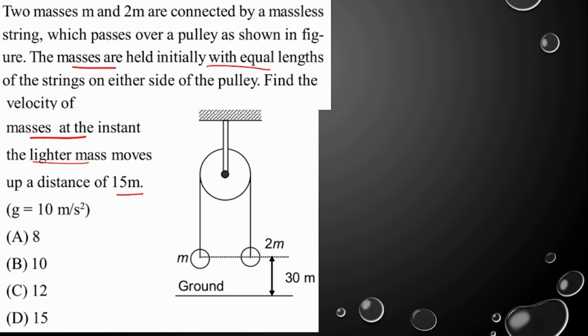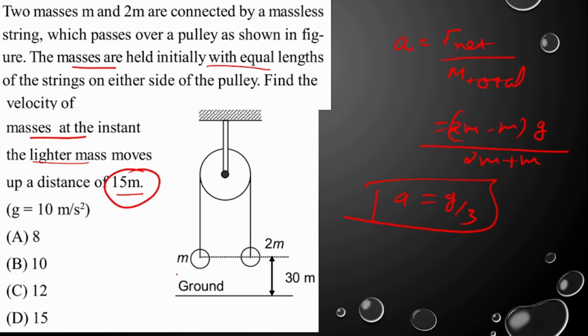Acceleration equals F net upon m total, so (2m minus m) into g upon (2m plus m). So I am getting the acceleration is g by 3, and the distance moved by the lighter block is 15 meter, and they have asked for the velocity.